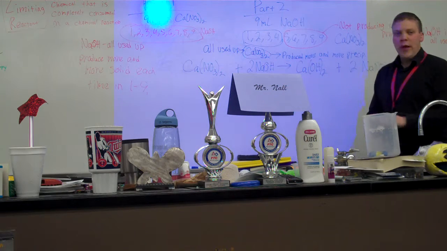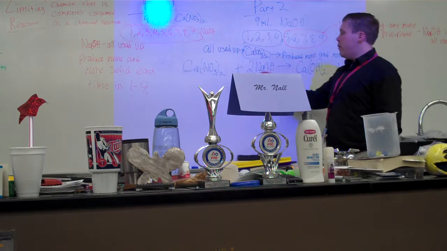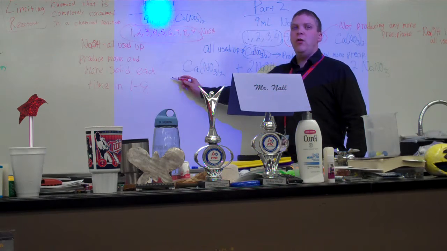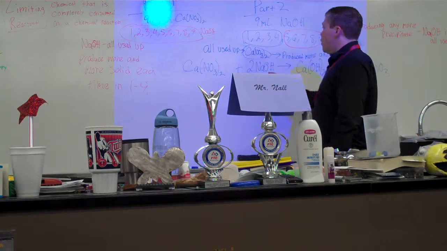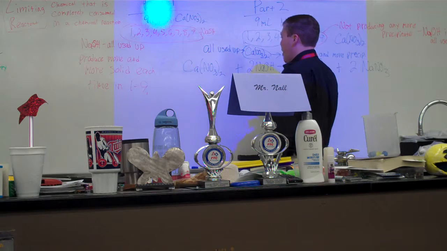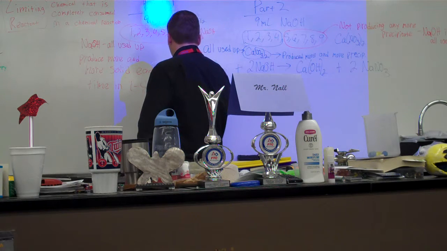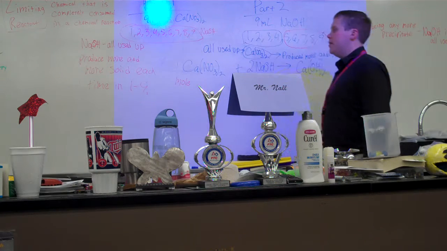So this reads 2 things. It reads 2 molecules of sodium hydroxide for every 1 molecule of calcium nitrate. Or it also reads 2 moles of sodium hydroxide for every 1 mole of calcium nitrate.